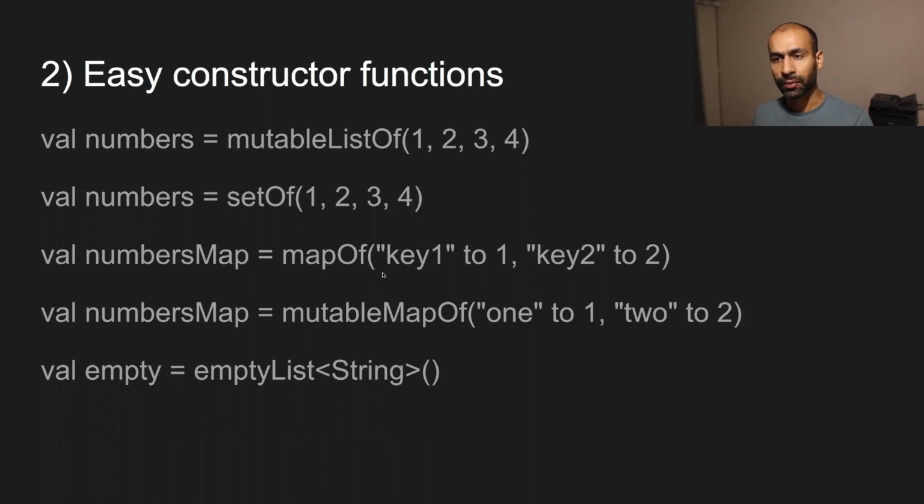A lot of the time we'll be writing test code, so these constructor functions help reduce the amount of code. In Java, to create a map of 10 entries, it would take 10 lines of code, but here it would take just one line. So the code becomes very, very concise.